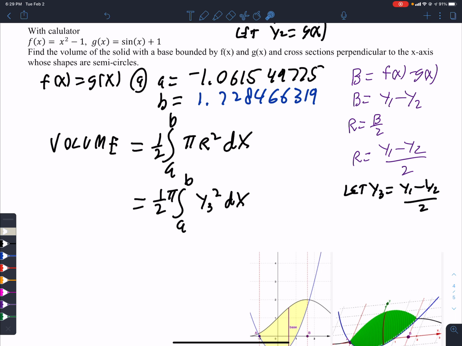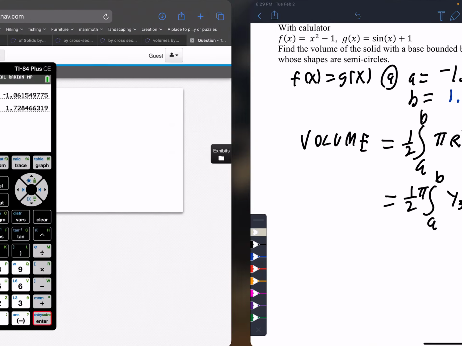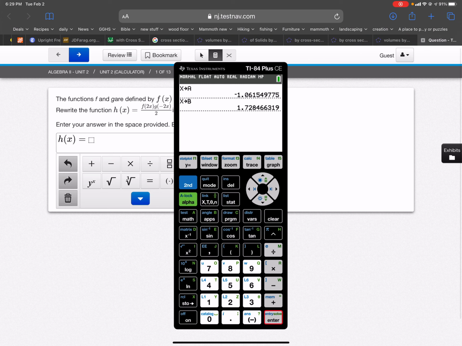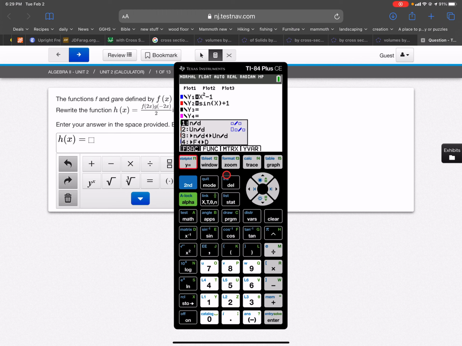Why would I do that? Watch. Let me go back to my calculator, and I'm going to go to y equals, and I'm going to define y3. Watch this. This is so cool. y3, I'm going to make a fraction. There's a fraction. And the top, I'm going to alpha trace to get y1 minus alpha trace to get y2 and divide by 2.